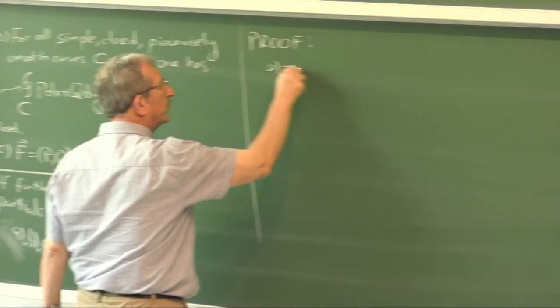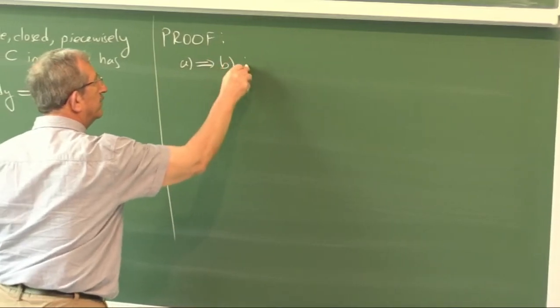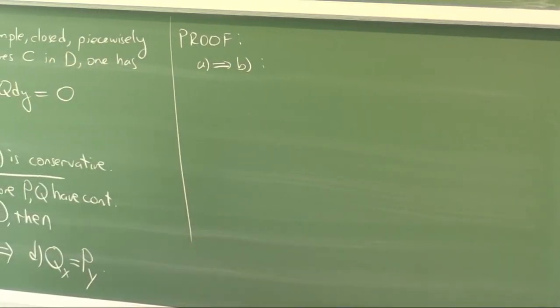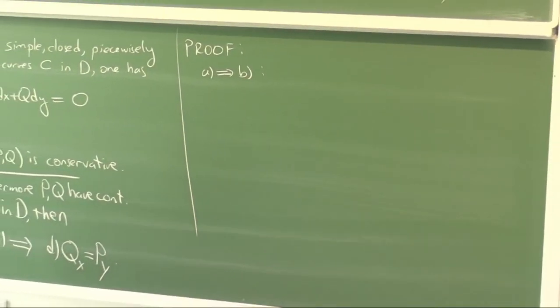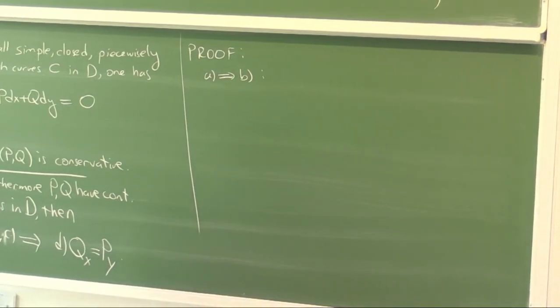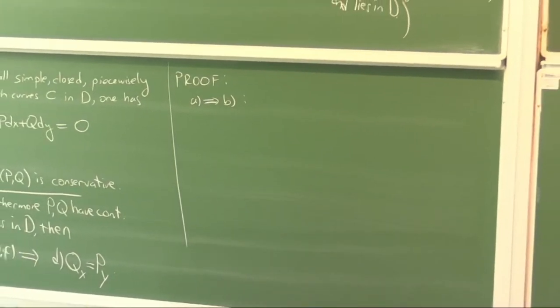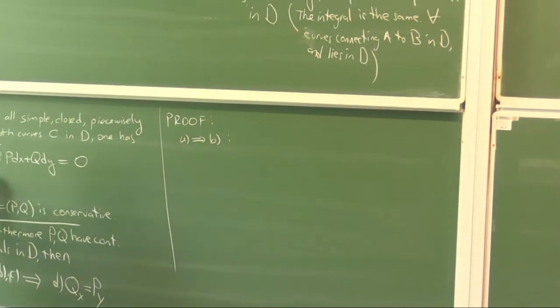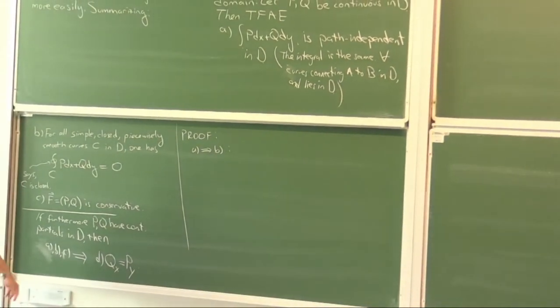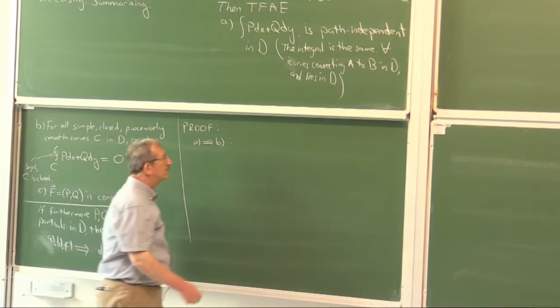Well, let us start with A implies B. What does it say? Well, we have a path-independent integral, and then on closed curves, it will be 0. Well, this is quite obvious.